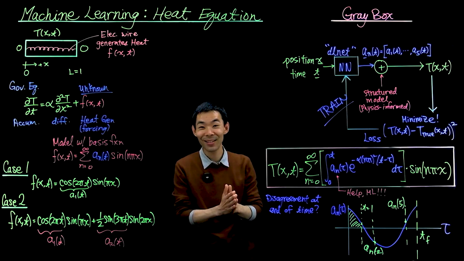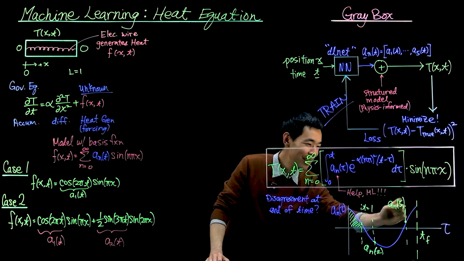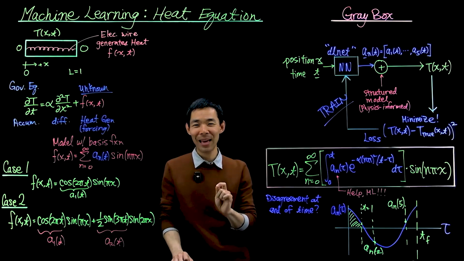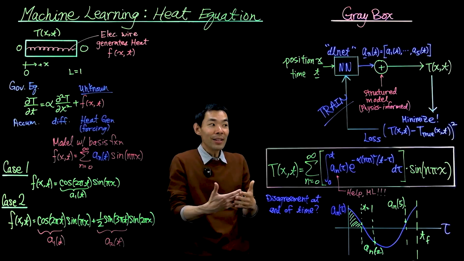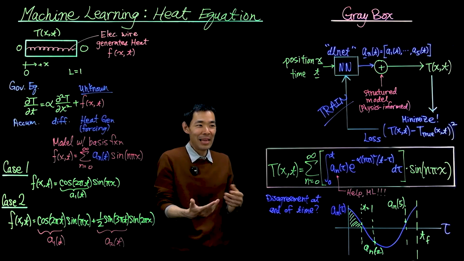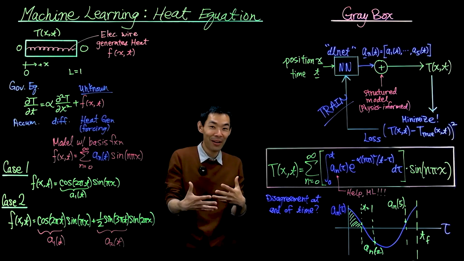In contrast, the values of A sub n very close to my final time point, TF, don't have a lot of future to look forward to. It's only seeing real-time data very close to the end of the temperature, and it's only comparing the error at the very end.